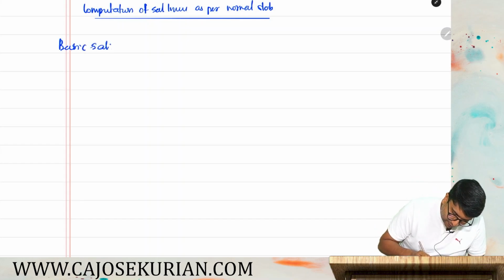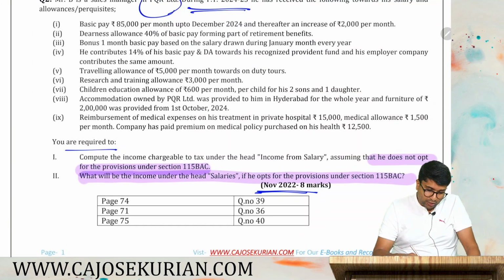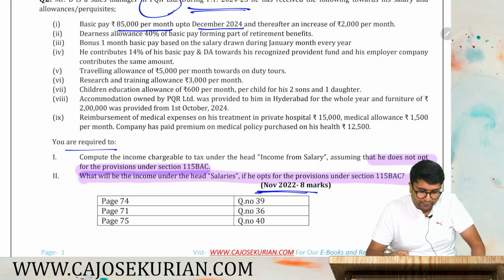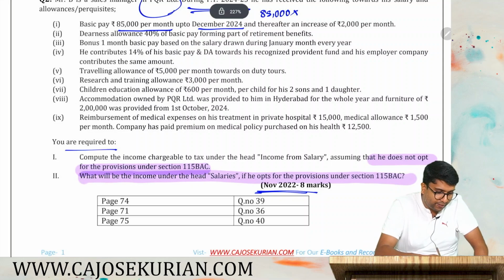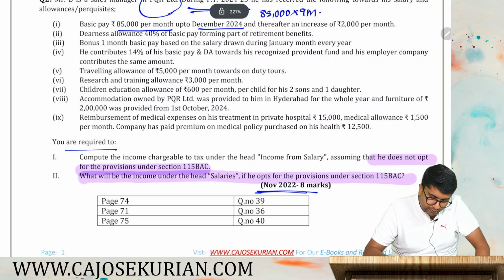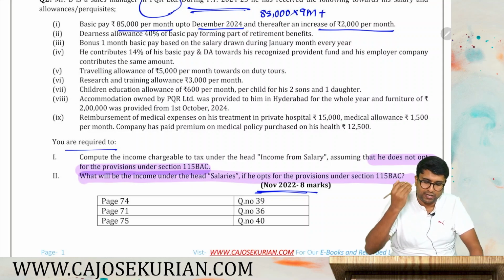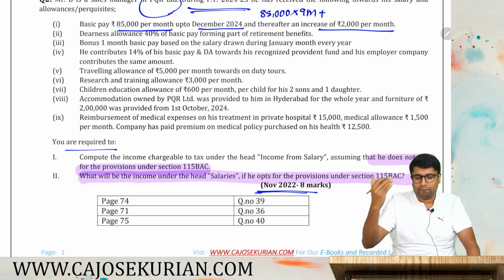Basic salary will obviously be the first component, and let's understand what they are saying in the question. How much is the basic salary? Basic pay 85,000 per month up to December 2024. December 2024 means 85,000 into how many months? It is 9 months. Plus thereafter an increase of 2,000 per month. So for January it is 87, February 87, March 87. It is not January 87, February 89, then March 91.